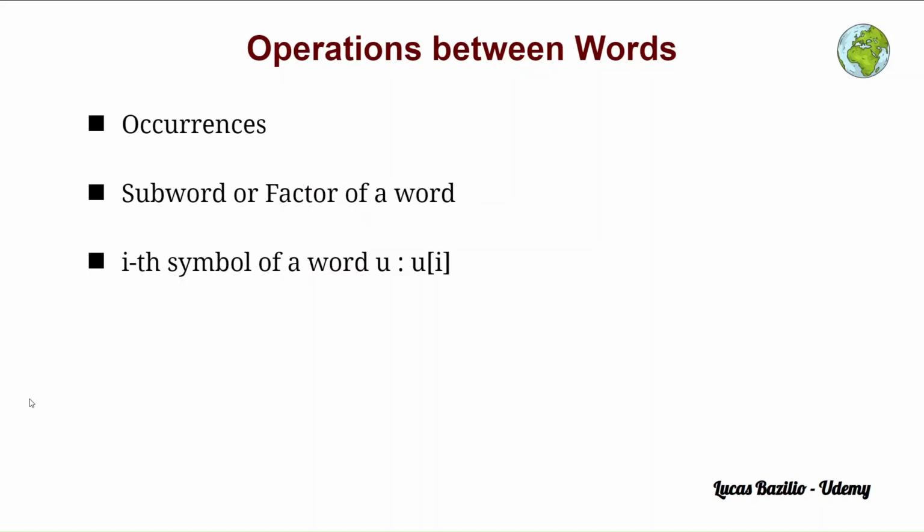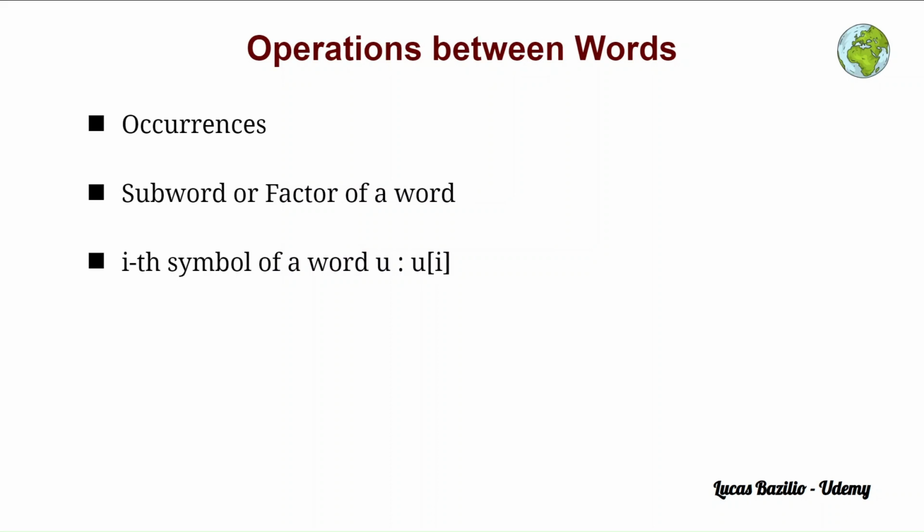Alright, the next idea that we're going to consolidate is how we can represent the ith symbol of a word u. Imagine we want to get the ith symbol of the word u, then we denote it in this way. We write the word u and then between square brackets we write this position i.